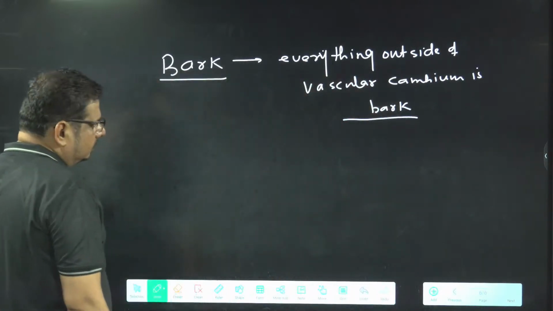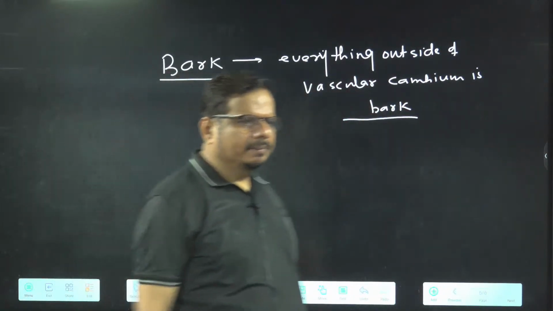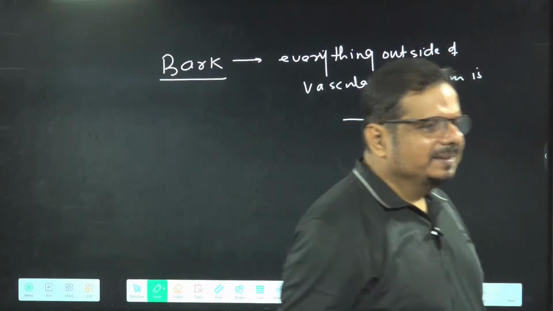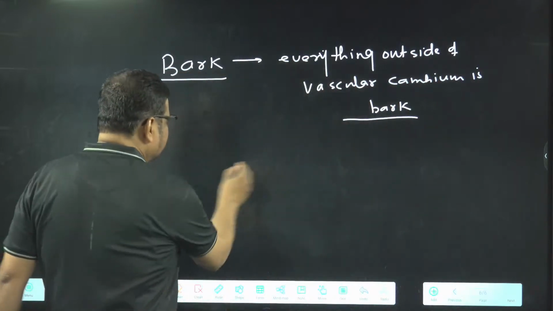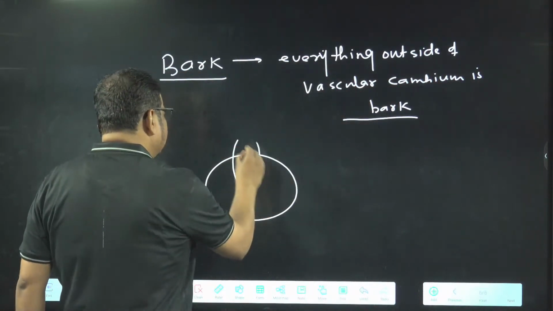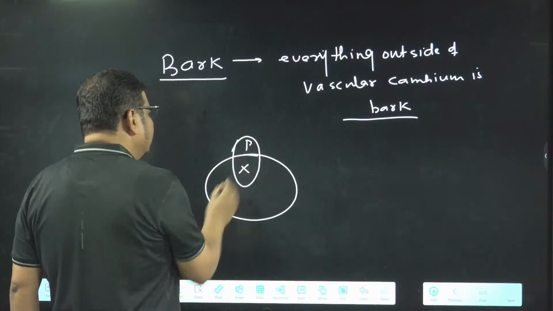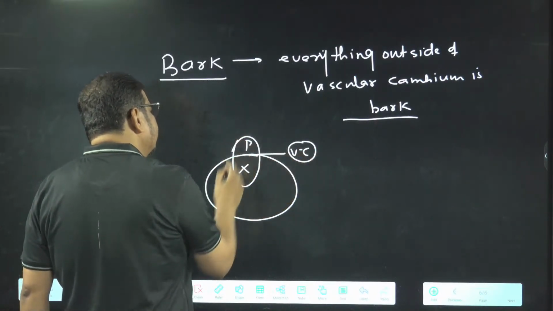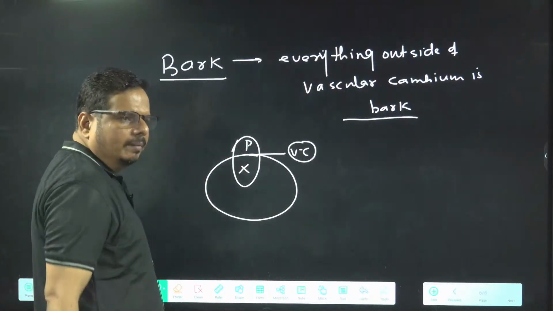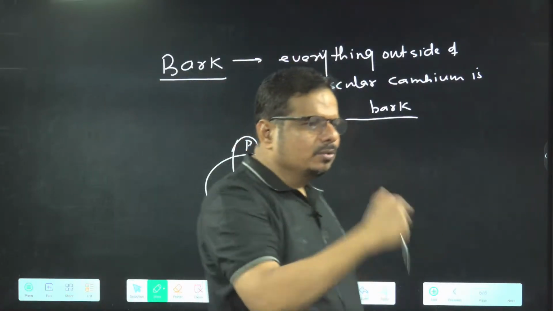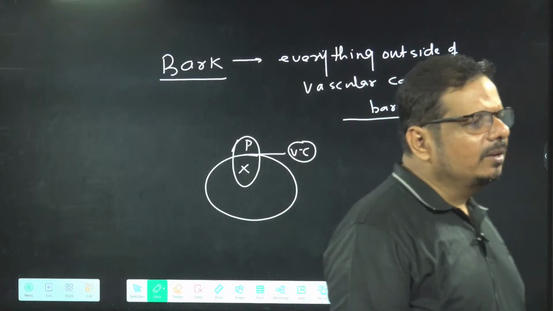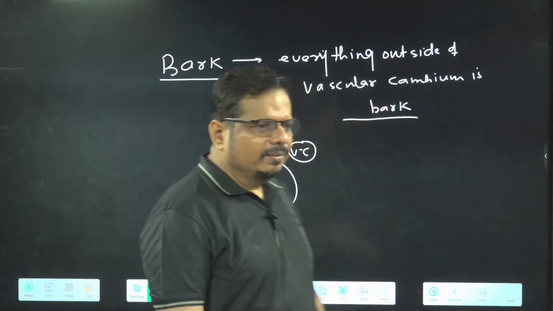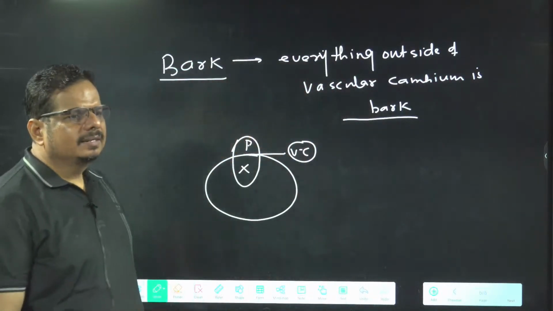So, what is outside of the vascular cambium? Even phloem is outside of the vascular cambium. If you think about it now, it is the vascular cambium ring. Here is xylem, here is phloem, and here is the vascular cambium, VC. So, bark includes whom? Phloem. So, from epidermis to phloem, everything is called what? Bark. Are you getting the idea? From epidermis to which one?